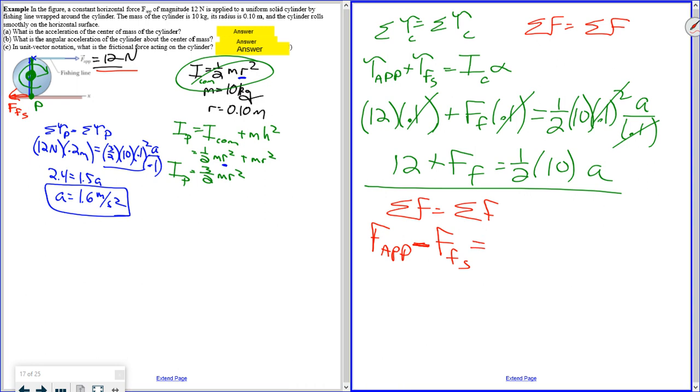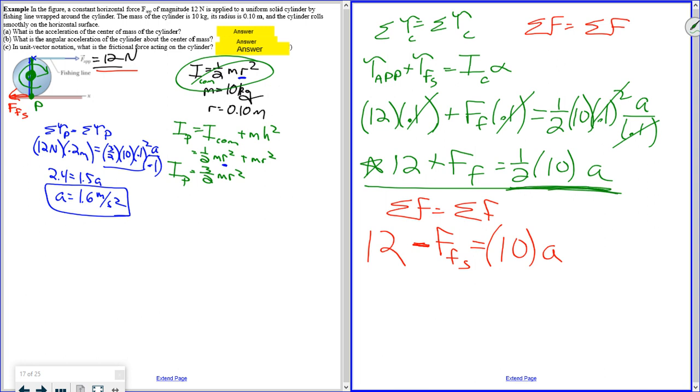So this equals mass times acceleration, which is 10 times A. If you double this top equation, it gives you 10A over here.